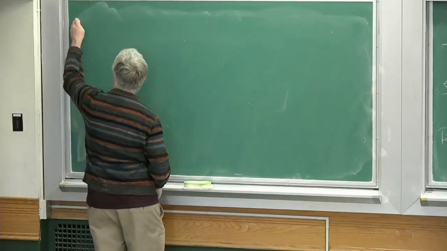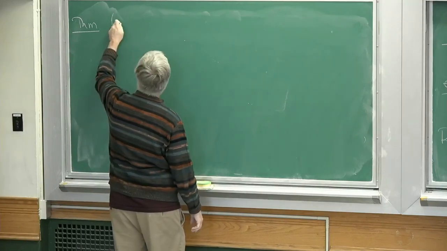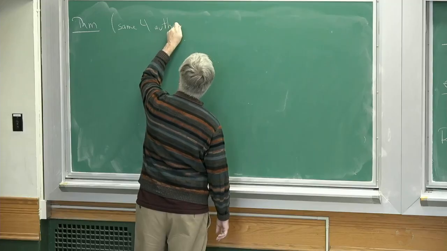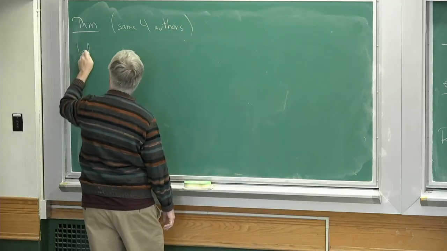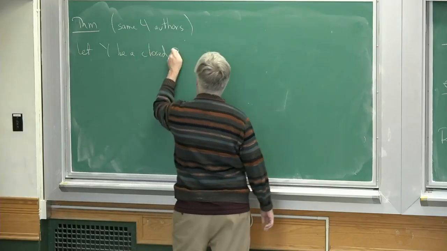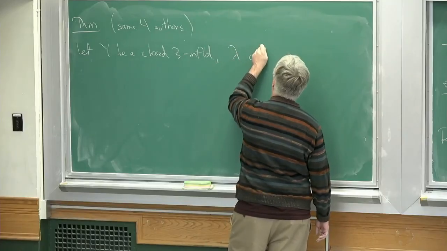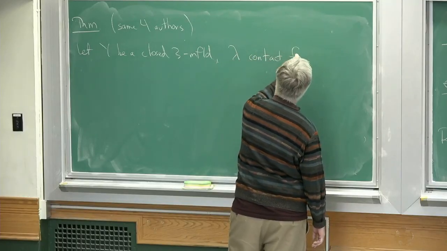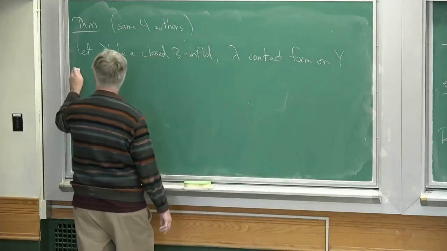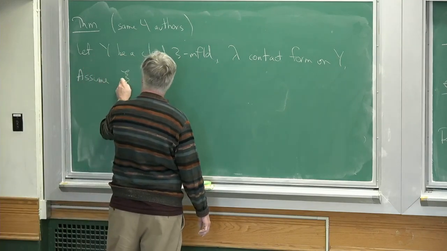So there's a theorem, which is the same authors as the previous one. So let Y be a closed three-manifold, lambda a contact form. We need one hypothesis, which is on the contact structure.